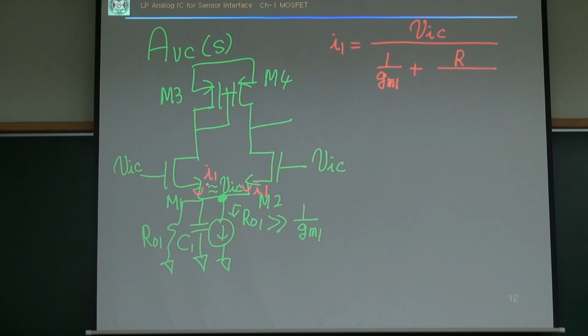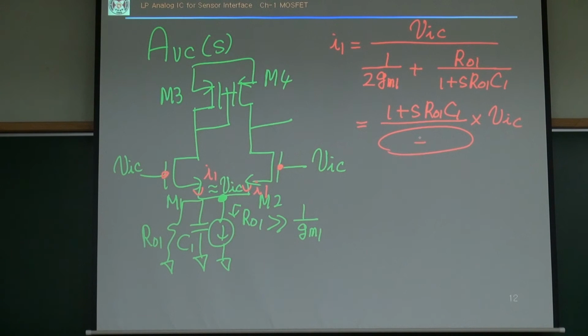Oops, no, this is 1/2 GM1 because I'm taking those 2 transistors in parallel, and then this RO1 S RO1 C1. Okay. Then if I rearrange this, I find this RO1 C1 in the numerator, and in the denominator I have some S equation here. Okay. So I have a 0 at 1 over RO1 C1.